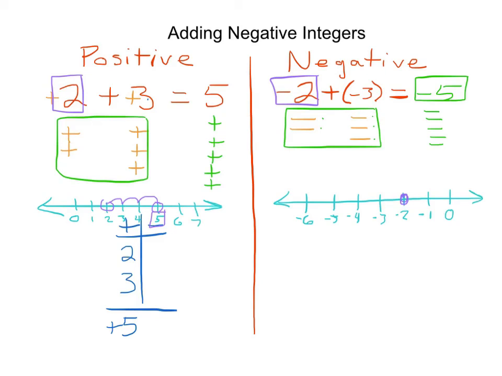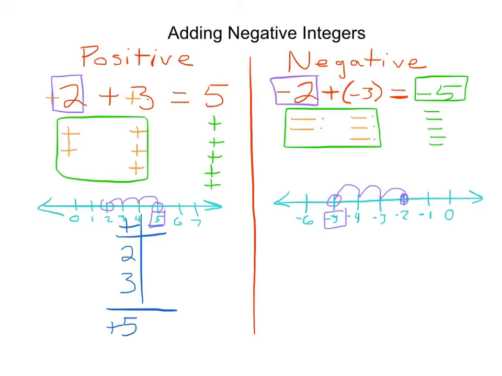So we're adding 3 more negative values. That means we're going to move to the left and add 3 negative numbers to the negative 2. And that leaves us right here, which our answer in this case is, again, negative 5.